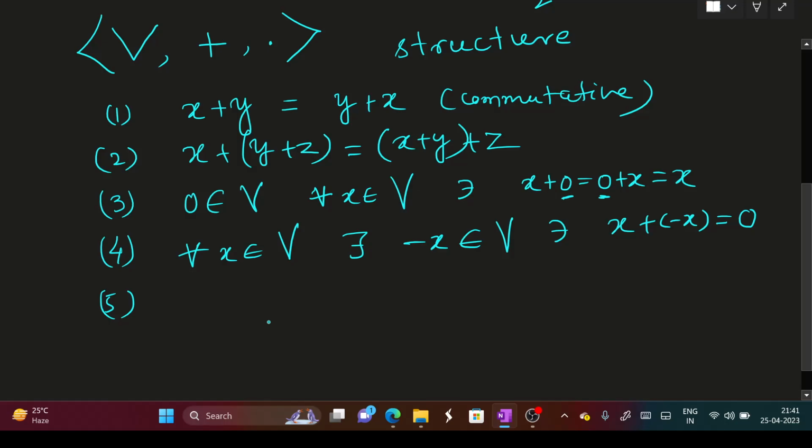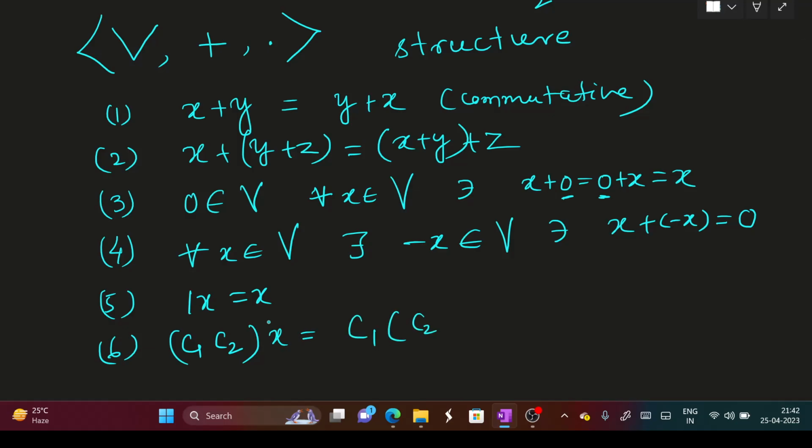It is 1 into x is equal to x. Sixth, c1 into c2, whole operated with x, gives me c1 operated on c2 x: first c2 is operated, then c1 will operate on it.